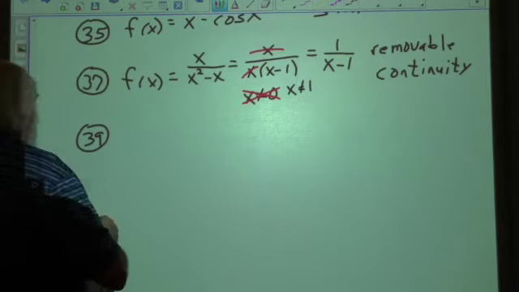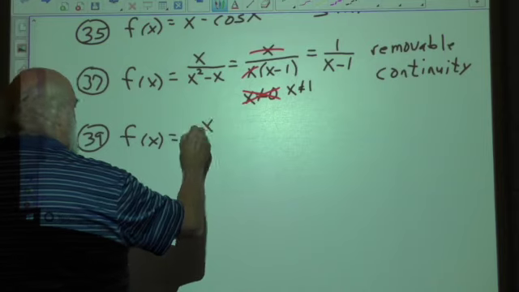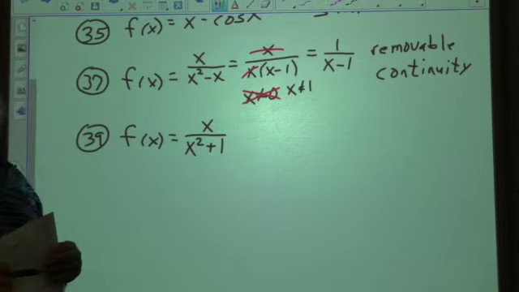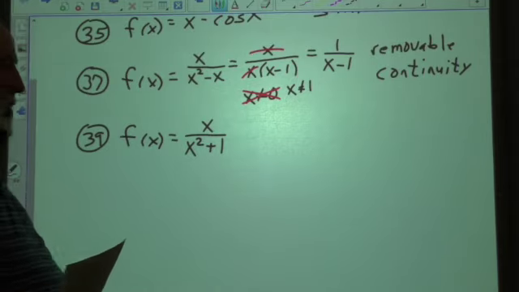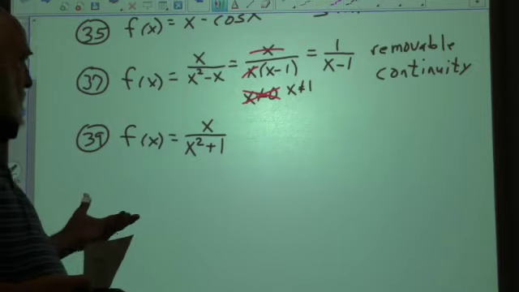Number 39, we have f of x equals x over x squared plus 1. Now this is an interesting one because of the denominator. We do have a denominator here, and if it's possible to get 0 for that, then we have to deal with trying to remove something here.